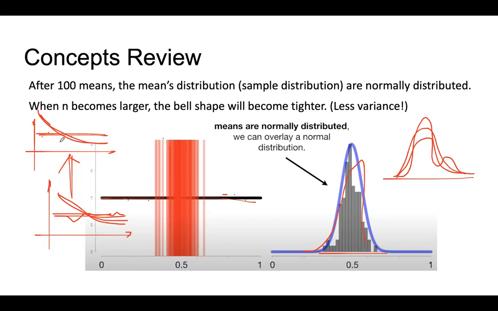If you sample more and more times, it should be closer to the original distribution. It's not the case in these slides, because here we calculate the mean. It's not the distribution of the dots.